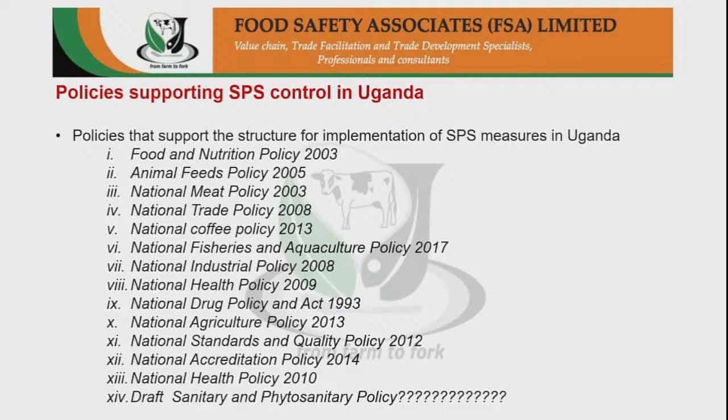Now, I am not going to go through the list, but I have a question on the last item. We have been developing that policy, the draft sanitary and phytosanitary policy. As a company, we have eaten government money 3 times.